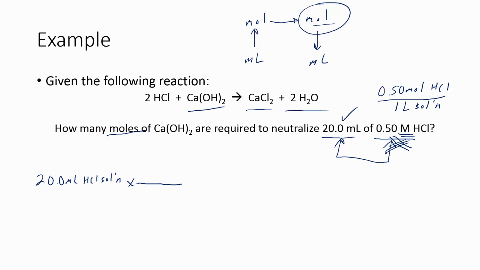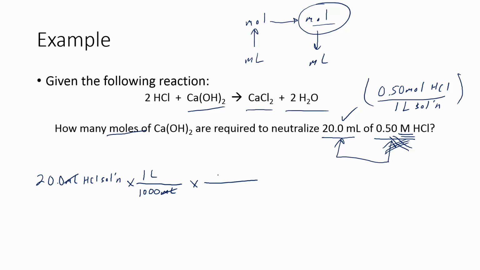So milliliters to moles, that's through molarity. My molarity is in moles per liter. So if I had liters, I'd be set. I need to just be in liters to take advantage of the molarity. Okay, so now I have liters of hydrochloric acid solution.